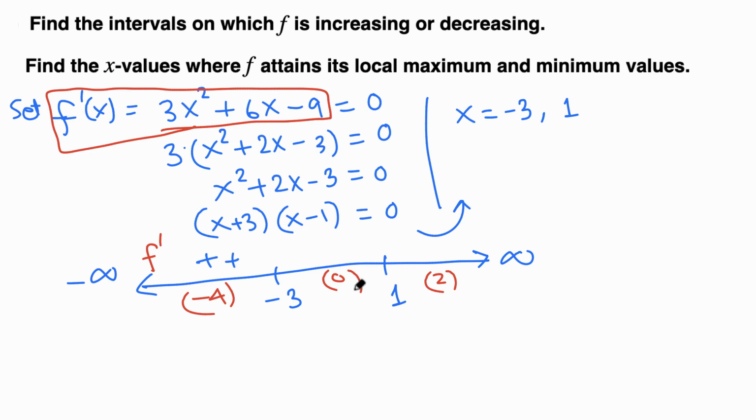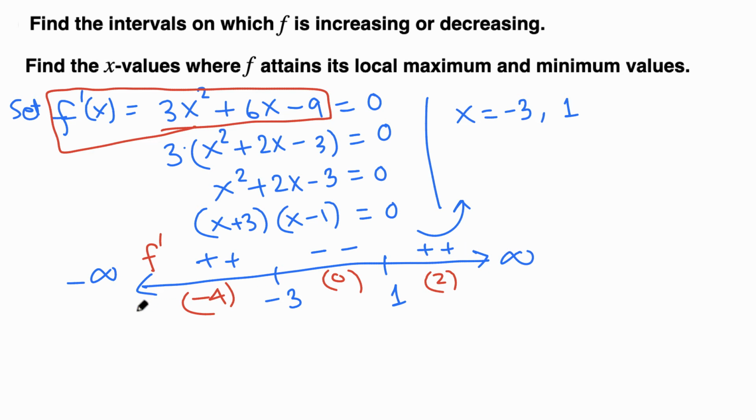Plug in 0: 0 plus 0 minus 9, it will be negative. We don't need the exact value, just the sign. Plug in 2: we get plus. So the first derivative is positive, negative, and then positive again.